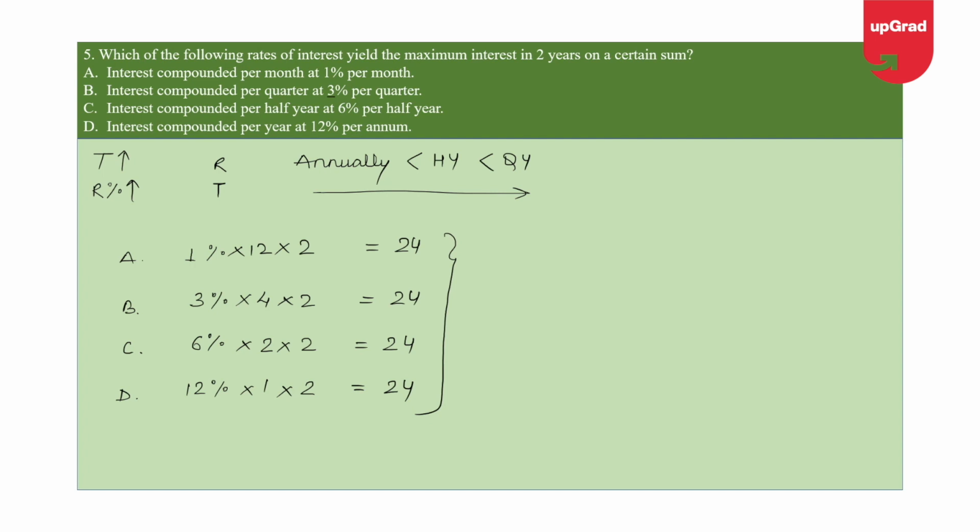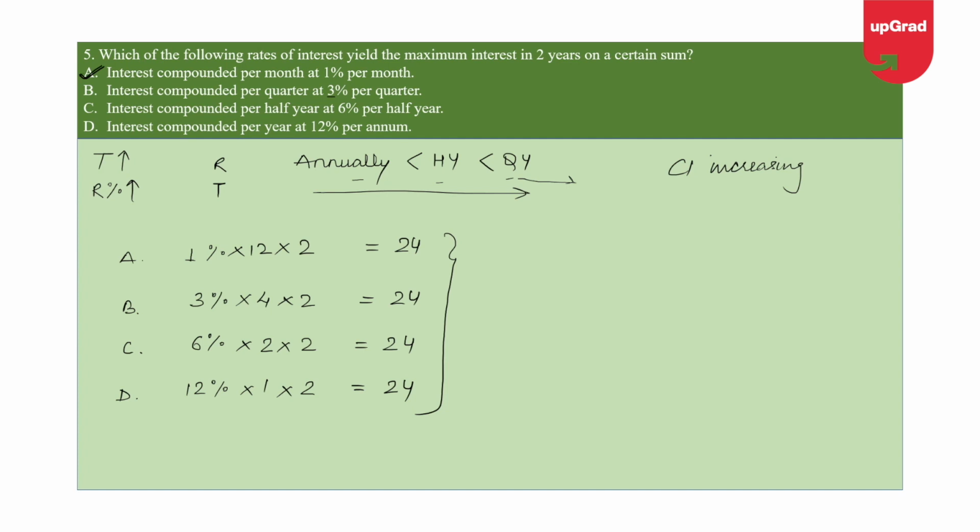But as I said, if you keep on increasing the value in terms of the spans, like in annually it was 1 year, in half yearly it was 2, in quarterly it is 4. Likewise, if you keep on increasing the spans, the compound interest value will keep on increasing. Therefore, now you can easily guess which one of these will have the highest value.